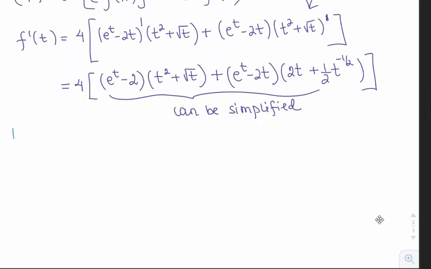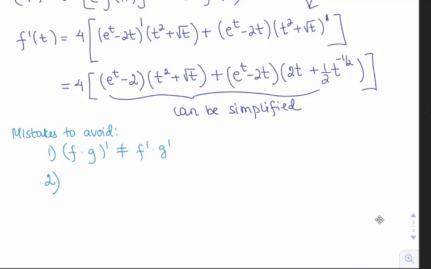Let me write it down. Mistakes to avoid when computing your derivatives using the product rule. First of all, (f times g) prime, and this is one of the most common mistakes, is not equal to f prime times g prime. Make sure you actually use the product rule.